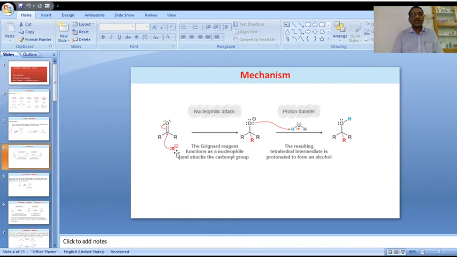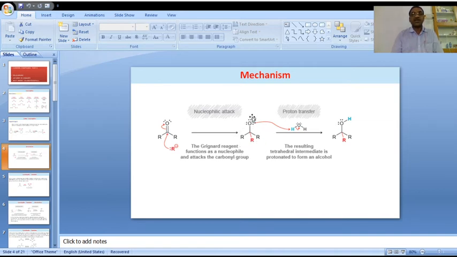This nucleophile attacks the carbonyl functional group, the carbonyl carbon. Immediately the pi bond breaks and the oxygen atom becomes negative, forming an alkoxide ion. The alkoxide ion is a tetrahedral intermediate.